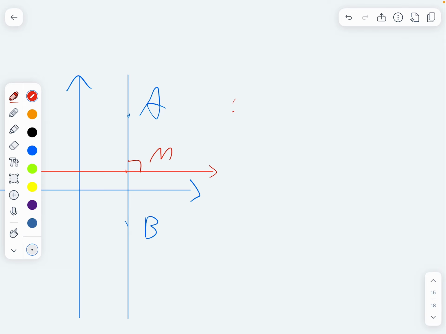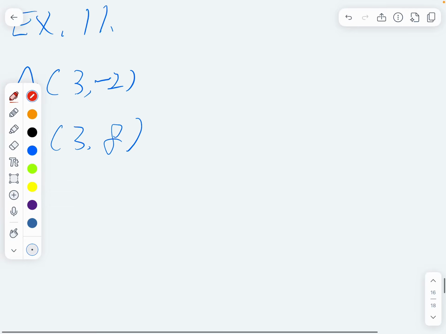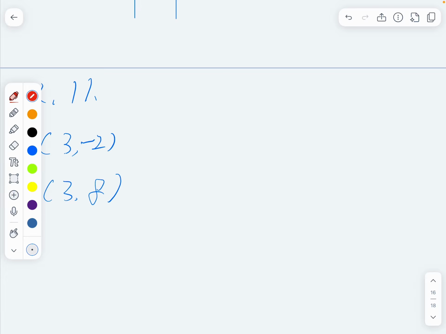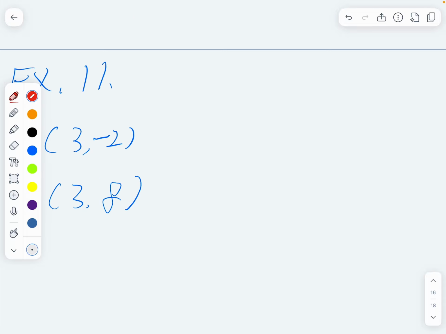First find the midpoint M, so that will be (y1 plus y2) over 2. So the function is y equals (y1 plus y2) over 2. For the last example, same way, find the x as before.